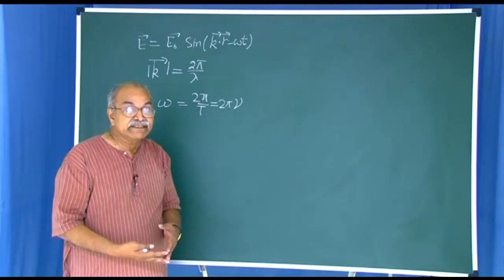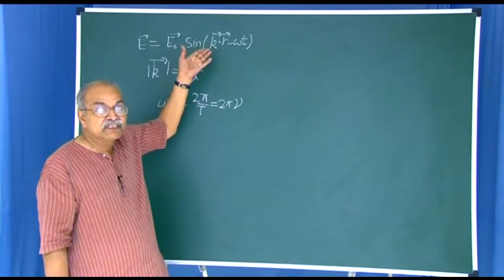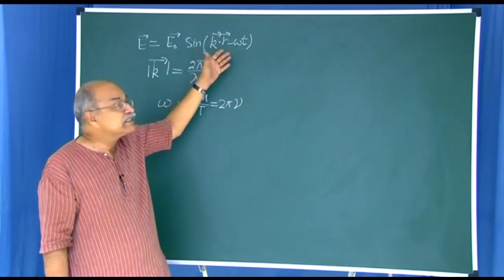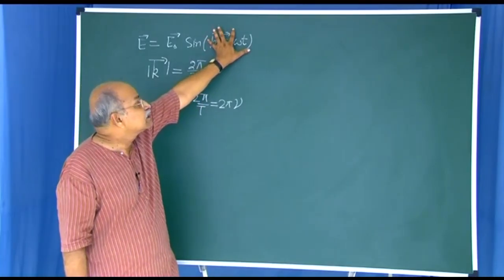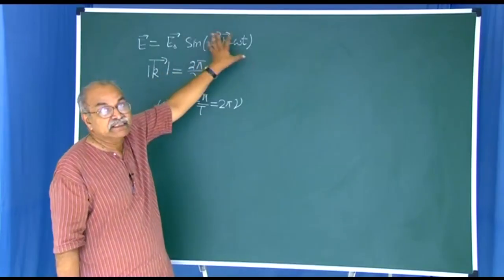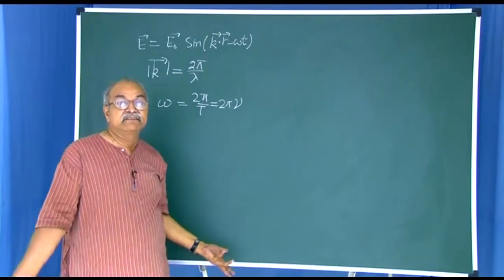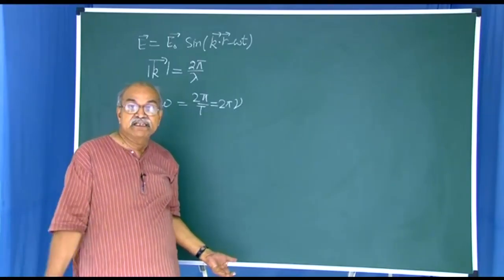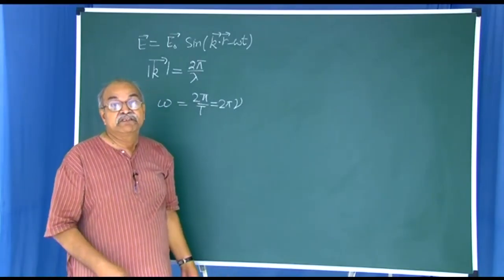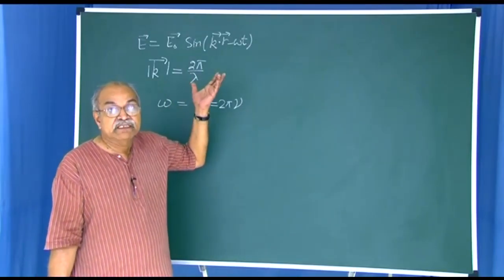The net intensity is not the sum of the intensities of the two waves, but it depends on the difference in this part which changes the value of this sign. So, the whole thing may become a destructive interference where the total intensity is 0 at certain point, or it can be double the amplitude when the intensity will be 4 times, and so on.